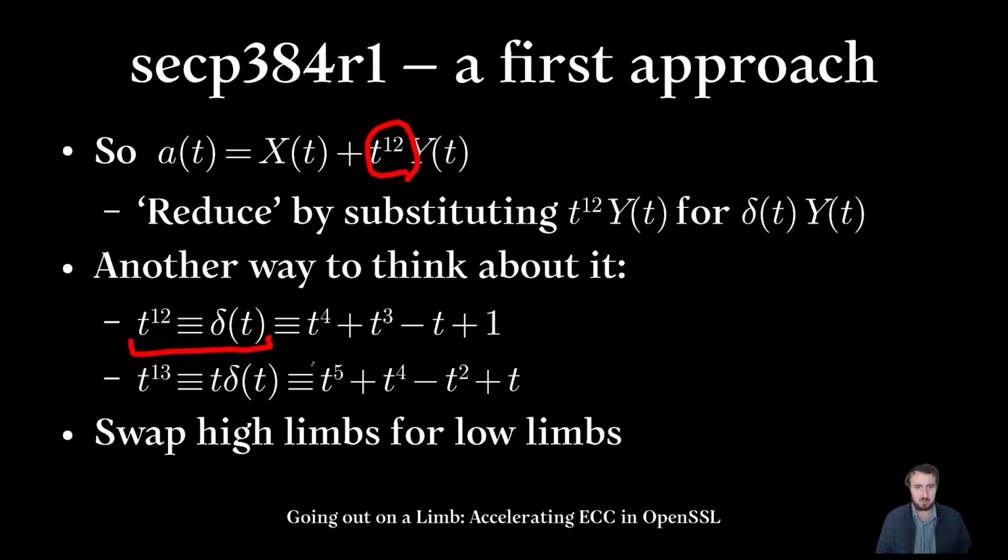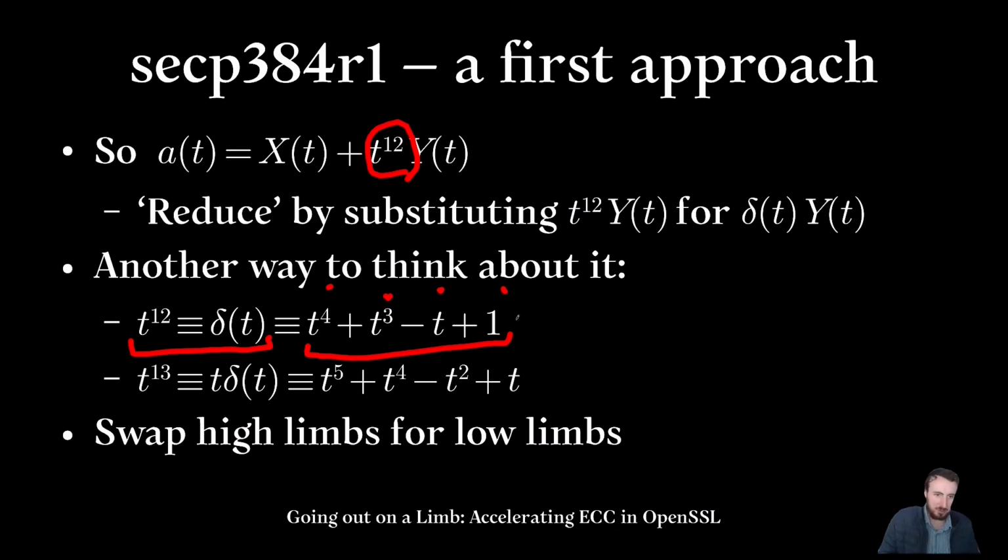We're taking limb 12 and then we're multiplying it by this polynomial, which means that we're taking four copies of it. We're adding into limb 4, we're adding into limb 3, we're subtracting into limb 1, and we're adding into limb 0.